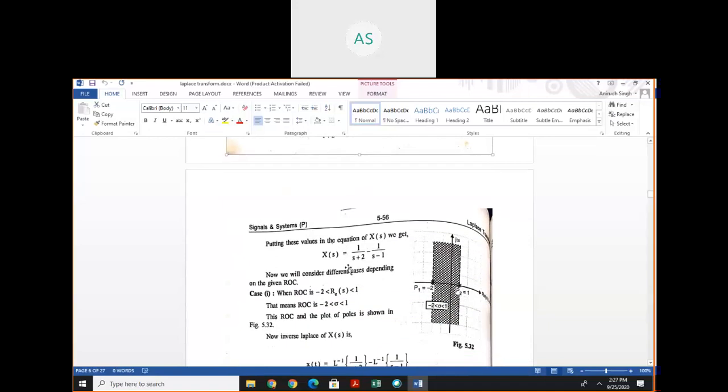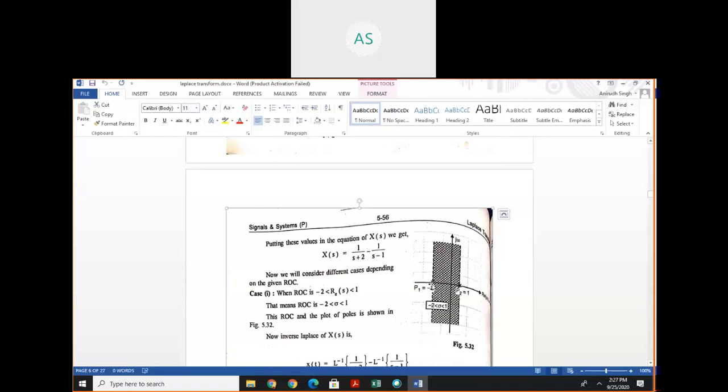First we write this X(s) in partial fraction form and then calculate the values of a1 and a2. a1 is equal to (s + 2) multiplied by X(s), evaluated at s equal to -2. The (s + 2) terms cancel out, and if we put the value s equal to -2, you get the value of a1. a1 is 1.